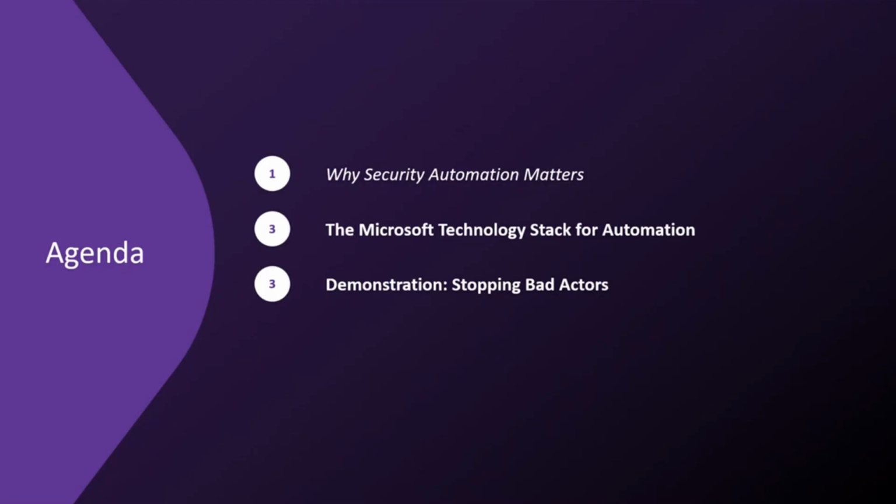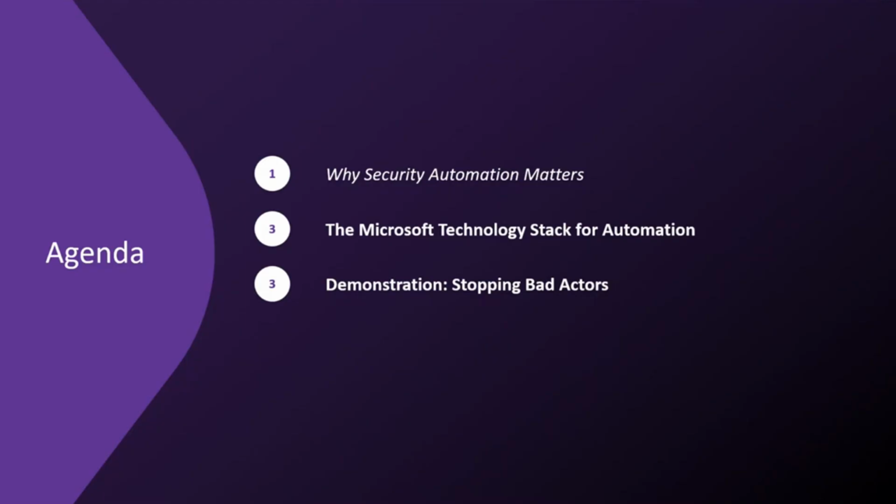Then we're going to see how it maps on the Microsoft technology stack. What can we use for a specific use case related to automation, and how can we apply preventive controls, or do detect and rapid response, which could be a great added value for your own security posture.